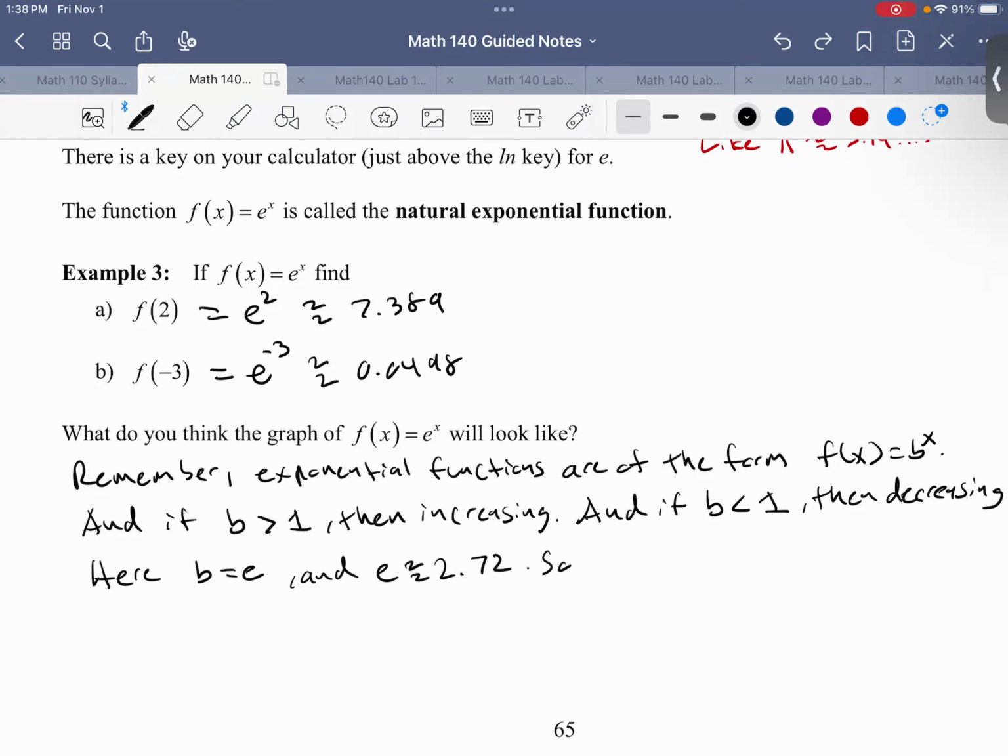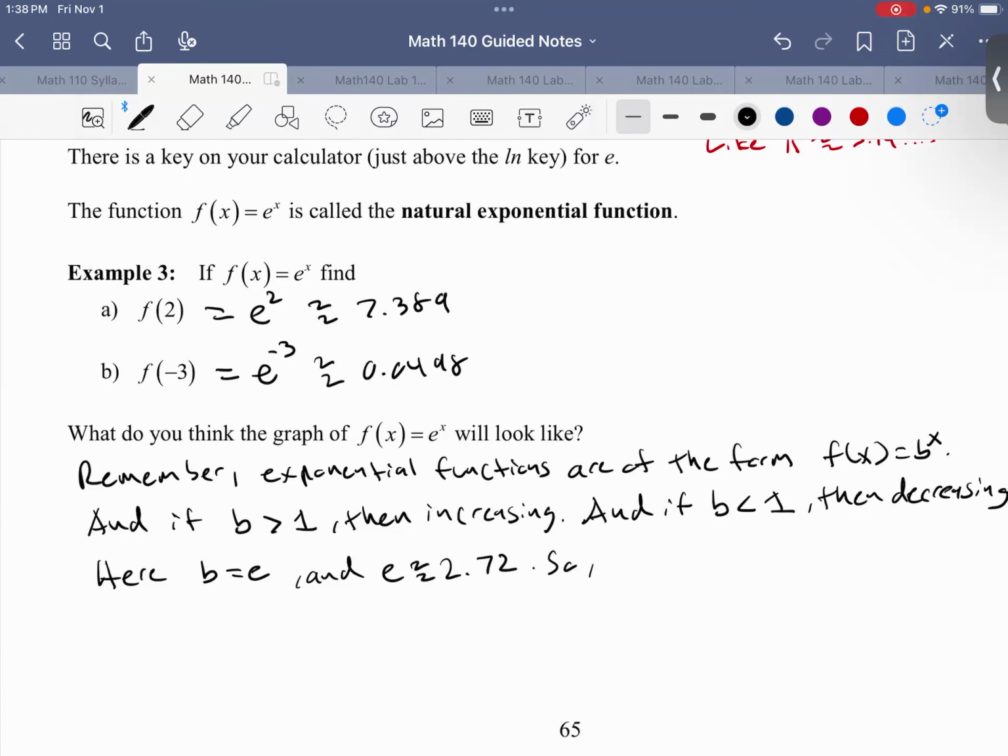Let me write that. f of x equals e to the x is increasing because 2.72 is greater than 1.